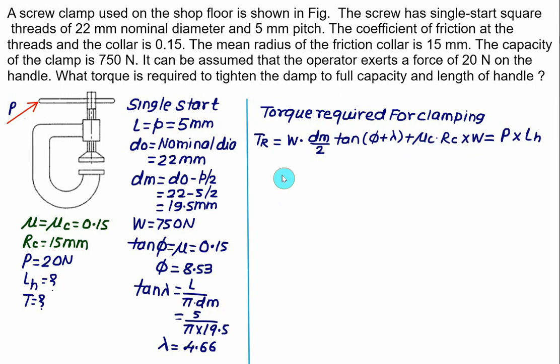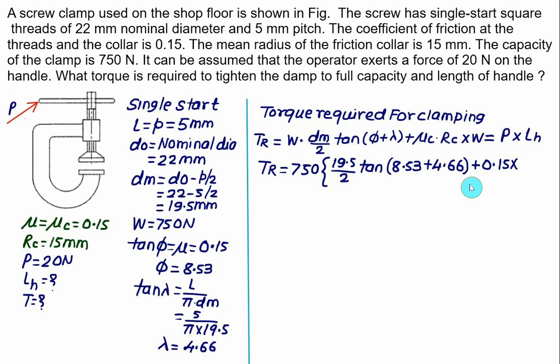So we can first find out TR. TR, the torque required, is equal to W, taken common, which is 750, into dm by 2, where dm is 19.5 divided by 2, into tan of phi, which is 8.53, plus lambda, which is 4.66, plus mu c, which is equal to 0.15, times RC equal to 15 mm.